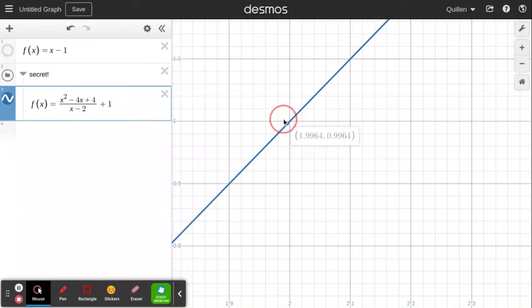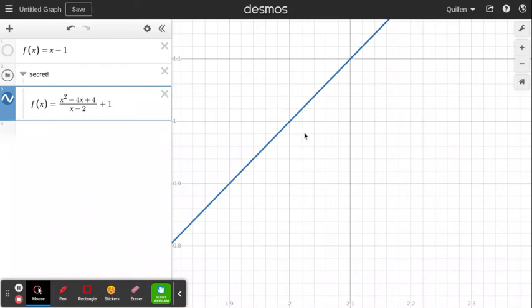And as we get closer to 2, that value is getting even closer to 1. But it's undefined. Let's come from above. Same thing, as we get super close to 2, that value gets super close to 1, even though it never quite gets to that 1.